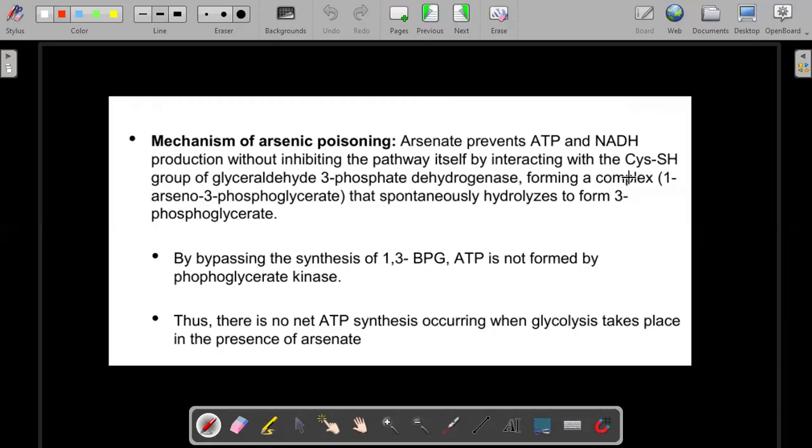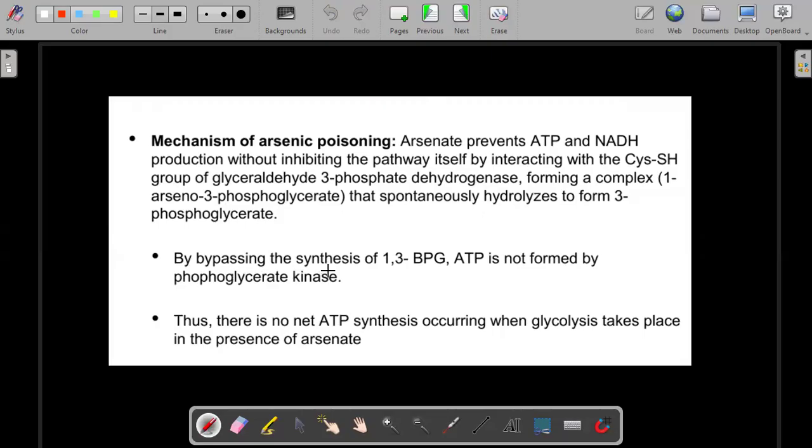It interacts with the cysteine SH group of the glyceraldehyde 3-phosphate dehydrogenase enzyme, which works at step number 6. It forms a 1-arseno-3-phosphoglycerate complex, which spontaneously hydrolyzes to form 3-phosphoglycerate.